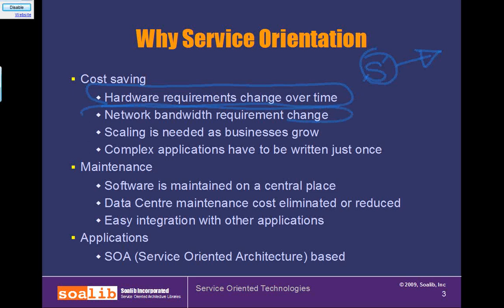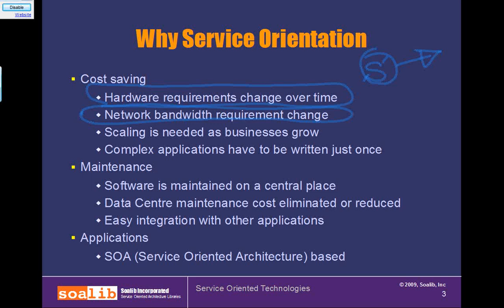Network bandwidth. Network speed is also changing, and some applications require very high bandwidth. For example, a bank probably needs hundreds of megabits of speed when it comes to communicating with their clients over the web.